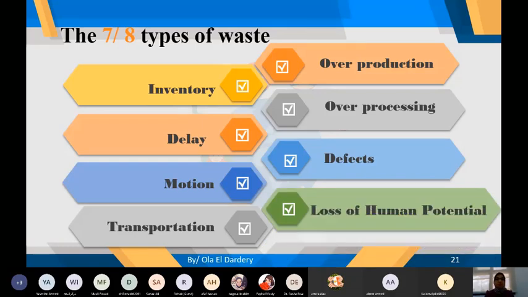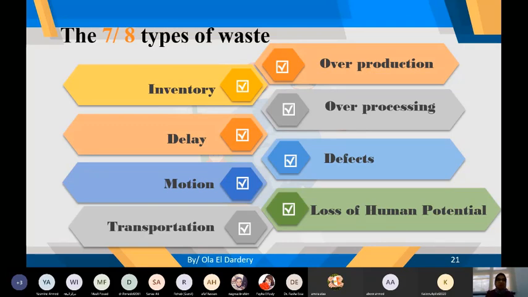And some people, as we said, that's why we said 7 or 8 types of waste, because some people add loss of human potential. What's meant by loss of human potential? The loss of human potential is that when you have a worker on the work floor with, for example, a master's degree or a PhD degree, this is waste of human potential. This is a person that could excel in another segment of their work.